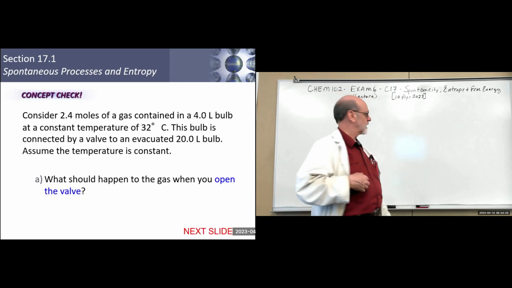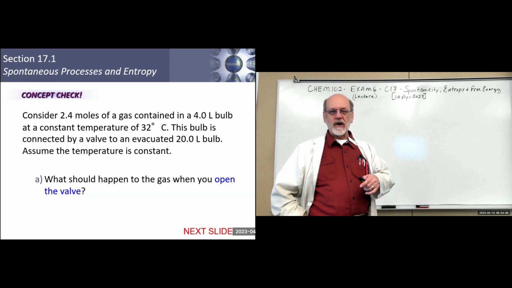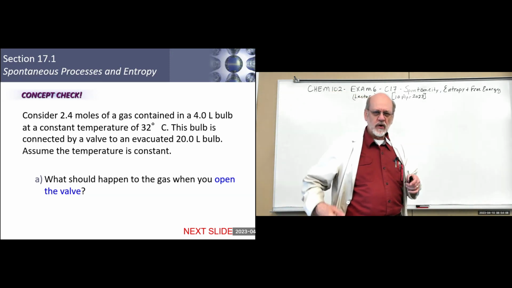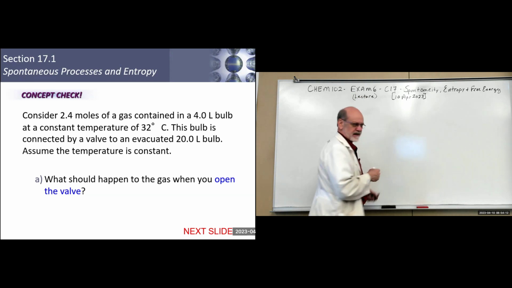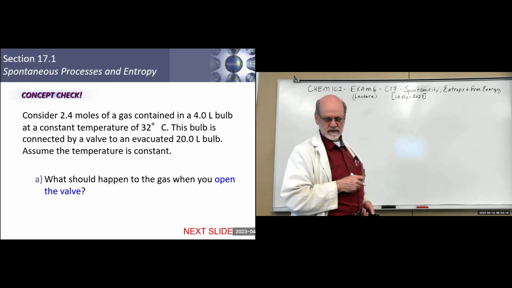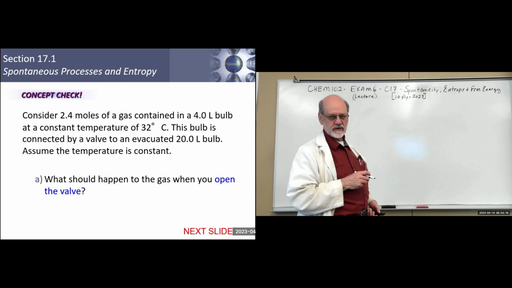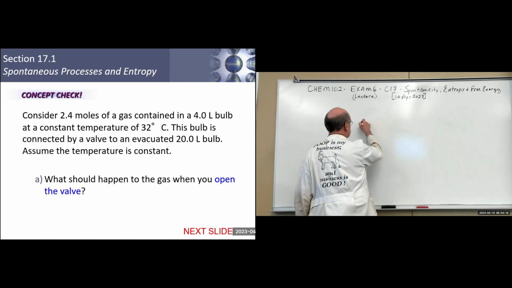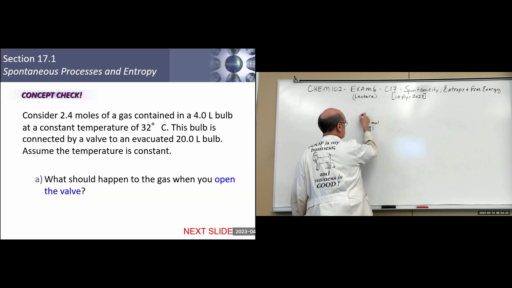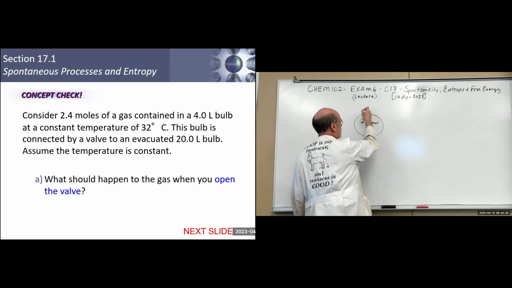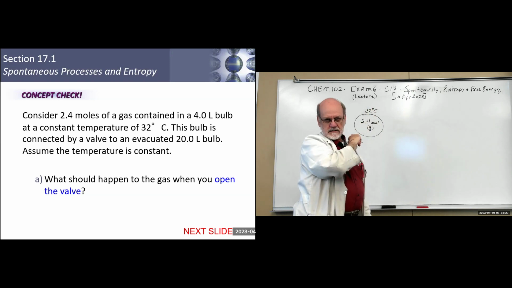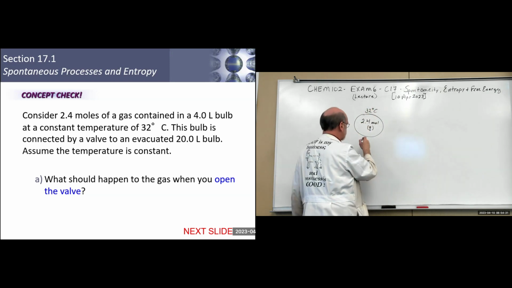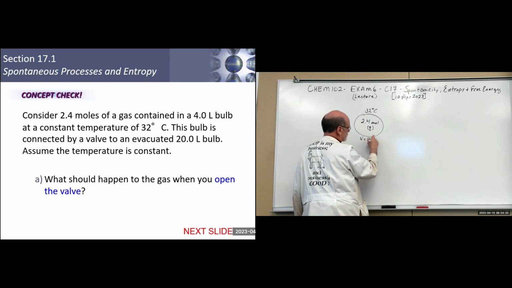So let's consider this thought problem. You have 2.4 moles of gas contained in a bulb at a constant temperature of 32 degrees. We have 2.4 moles of some gas in a bulb, and the bulb is 4 liters, so volume equals 4 liters.